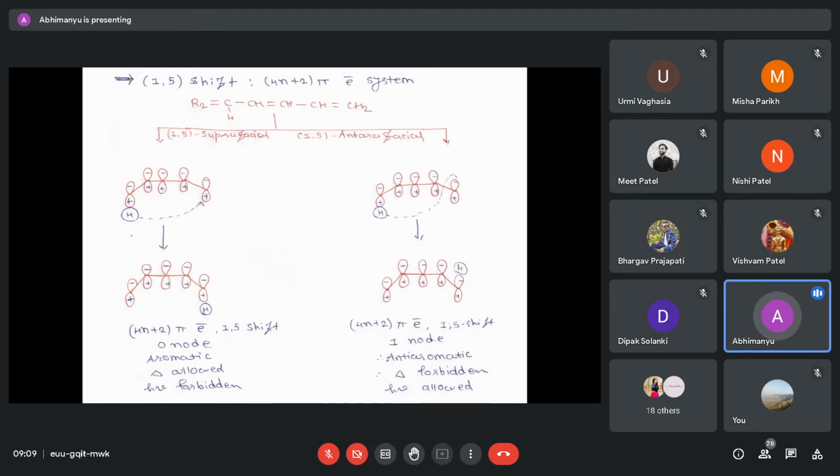Same for 1,5 supra: in 1,5 shifting, it is aromatic, thermally allowed. And antarafacial has one node, meaning anti-aromatic, meaning hv allowed.